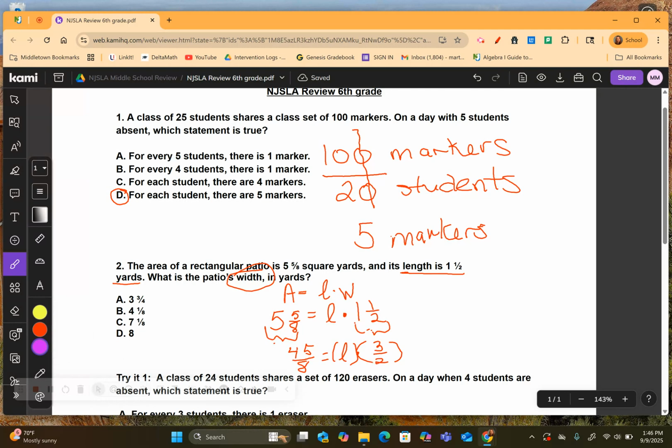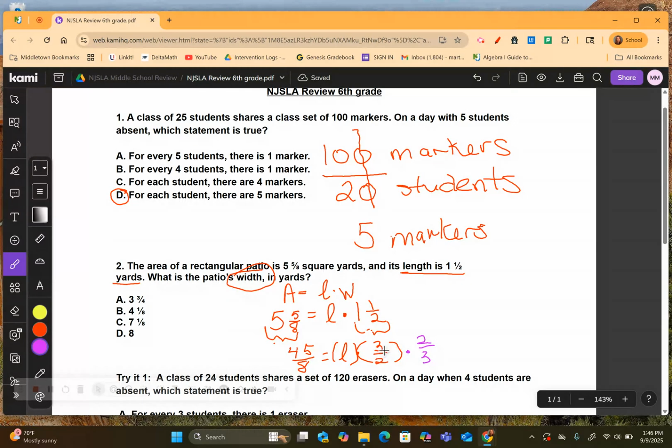Okay, so I need to divide by 3/2. When we divide by a fraction, it's the same as multiplying by its what? Reciprocal. Okay, good. What is the reciprocal of 3/2? The reciprocal of 3/2 is 2/3. Okay, so why am I multiplying it by 2/3?